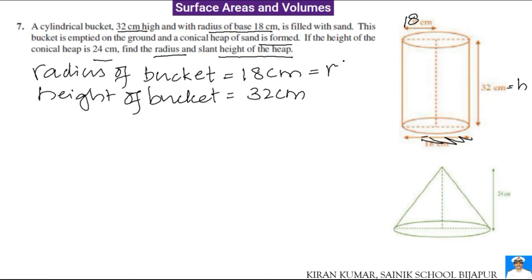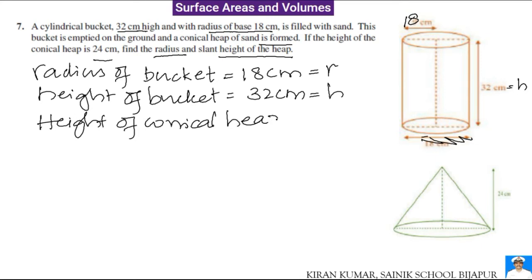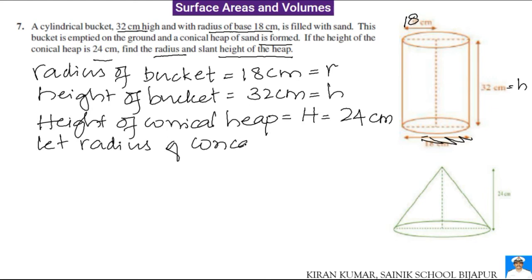Let me call this radius as r, this as the height h, and they have given height of conical heap. Let me call this as capital letter H is equal to 24 centimeter. For instance, let me consider the radius of conical heap as R1.